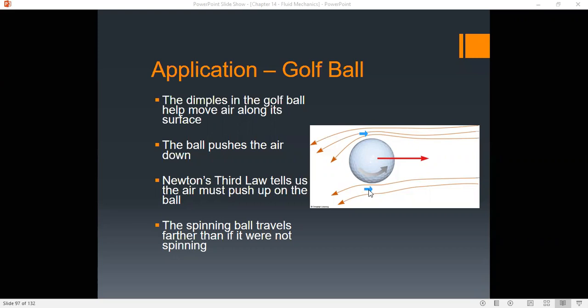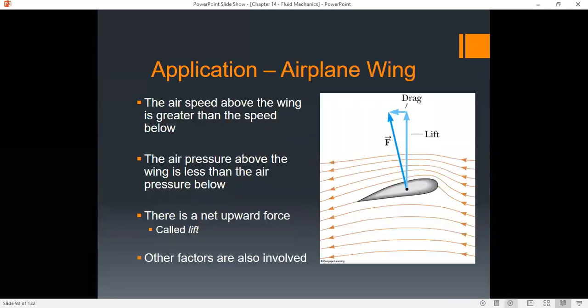And this will cause the golf ball to move laterally, okay? Again, another example of Bernoulli's principle.